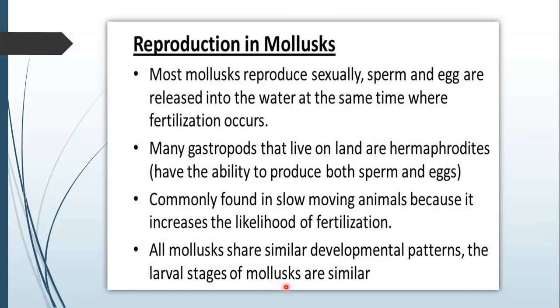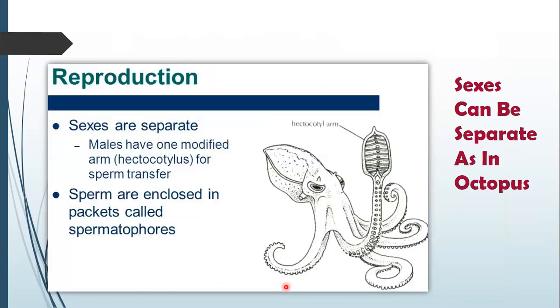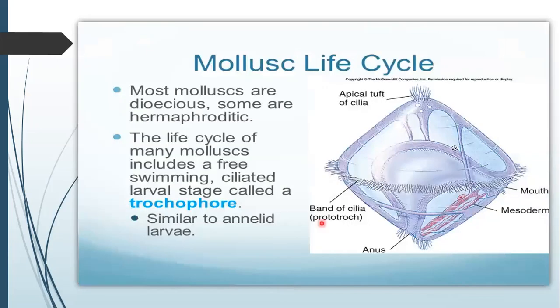So the trochophore larva, which is a very specific larva, is present. This is the trochophore larva. This specific type of larva is present throughout the phylum Mollusca, and it is ciliated. It has cilia for its movement and for trapping food.